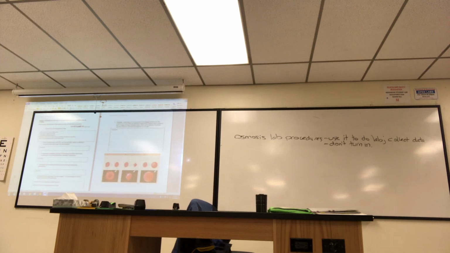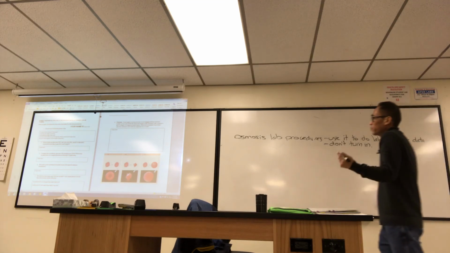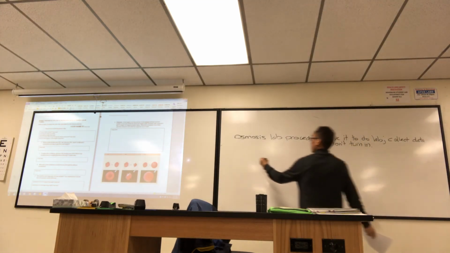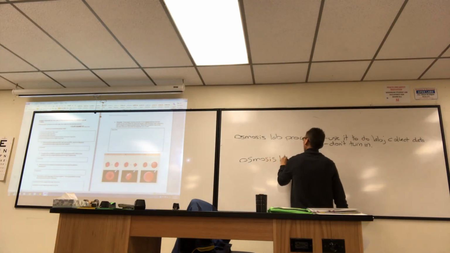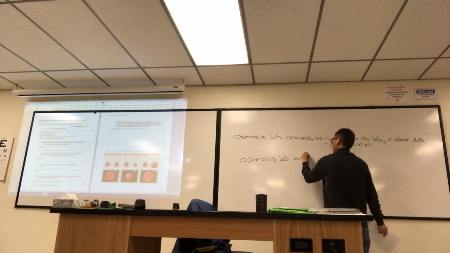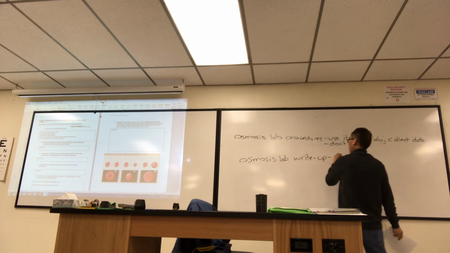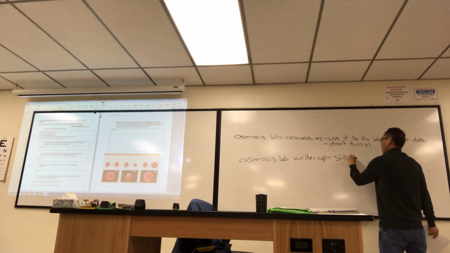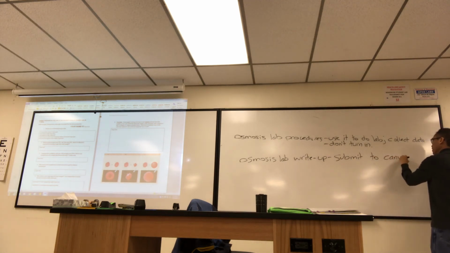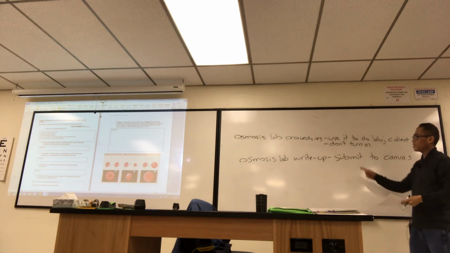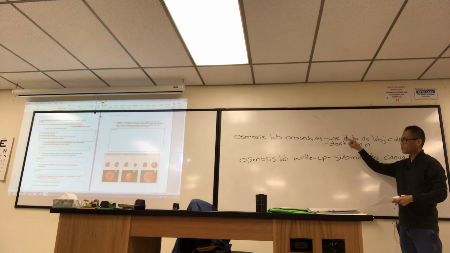I was just about to ask you that. Yeah, so basically you submit it to Canvas. The write-up part is a different doc. I made them 2 docs, so there's no confusion.